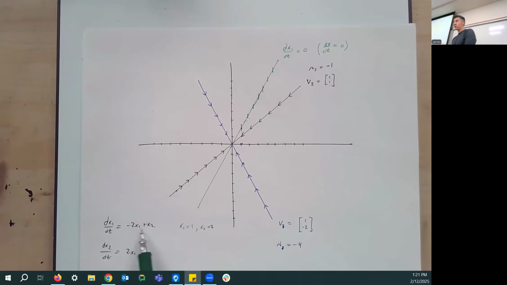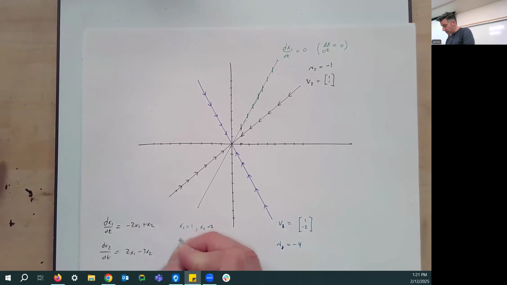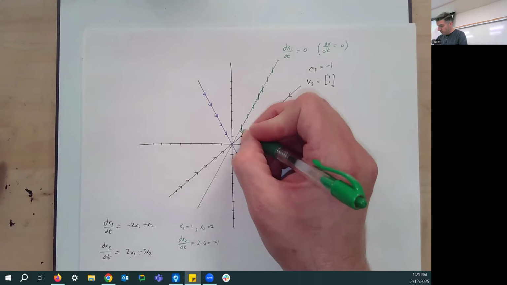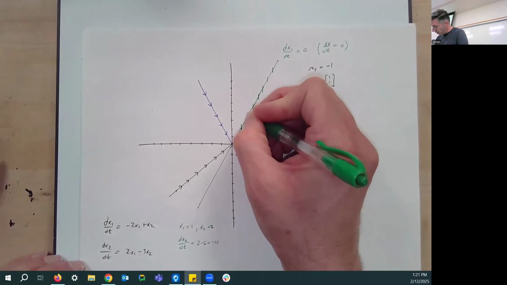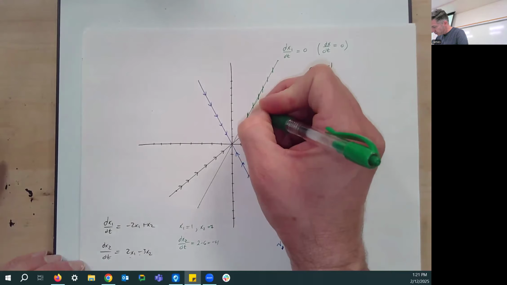If I plug in 1 here and 2 here, I'll get negative 2 plus 2, which is 0. And for the dx2/dt, we'll get 2 minus 6, which is negative 4. Meaning, oh yeah, we're going to be pointing downwards. In fact, all these arrows on this part are going to point downwards.